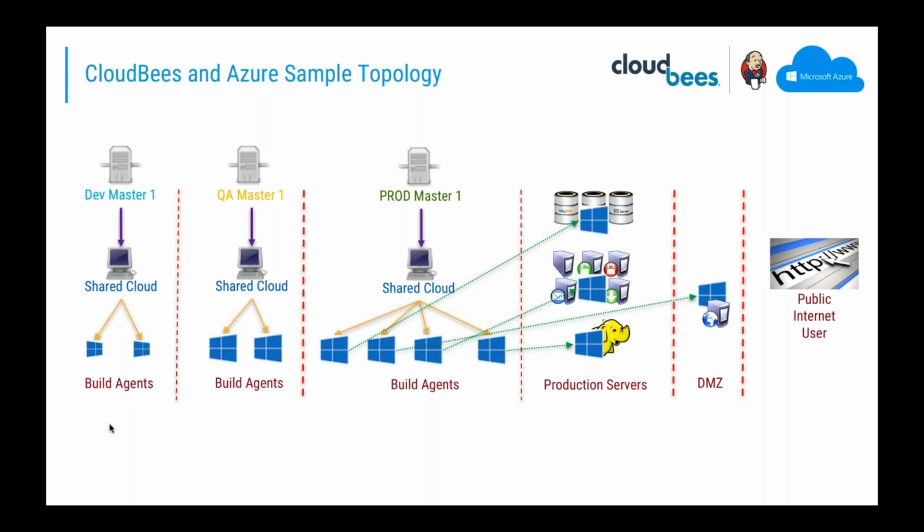So as you can see here from left to right, from dev all the way back to client, these are the different zones, and these are the different requirements. And this is why we have different requirements for each one of these environments. And this is how Microsoft Azure and CloudBees help us operate and cross the hops of all these environments.